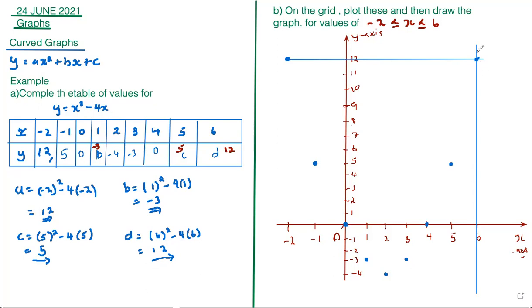Okay? Now the part that is tricky is the part where you have to join those points, right? Now you have to do it smoothly. Now I'm using my mouse, so I'm not experienced to draw that curve, so I might miss the point.